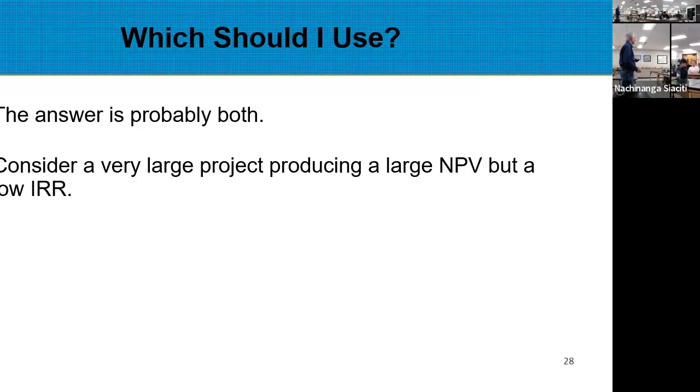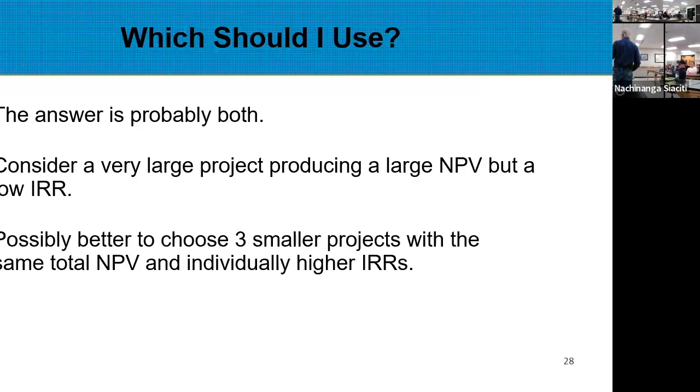So you may be making $1 million a year, but in terms of the internal rate of return, it may not be so good. And in that case, it's possibly better to choose smaller projects. In the case, I said 3 here, but they have the same net present value overall and are able to give you a higher rate of return.